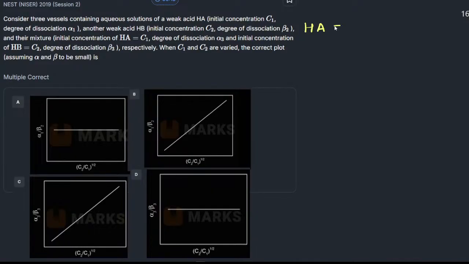We have HA, so HA gives H plus aqueous and A negative aqueous.